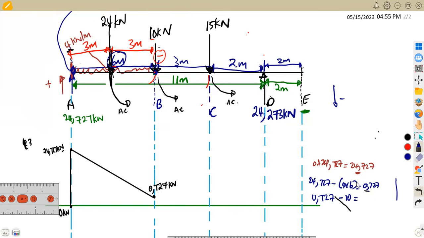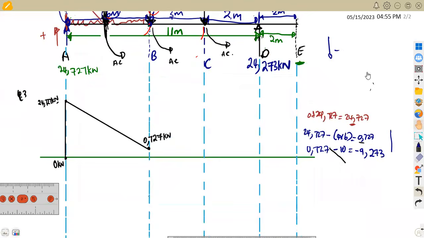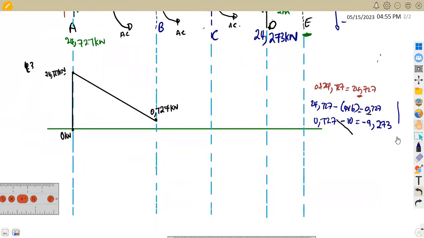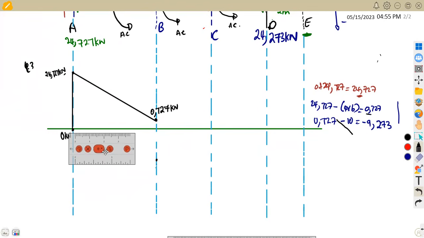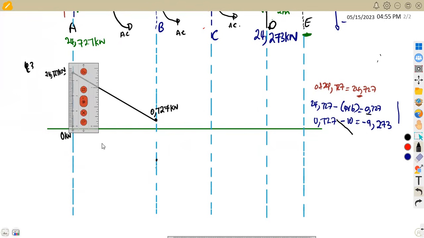So this is going to give us a negative 9.273 kilonewton. So this is going to go down to the negative. So maybe approximately according to your scale, this is where we've got our negative 9 at this point. So you have to join direct to that point. This is a vertical line that we are talking about.